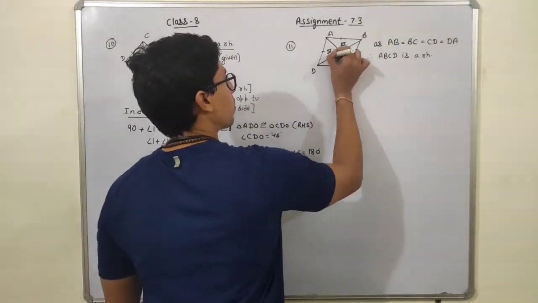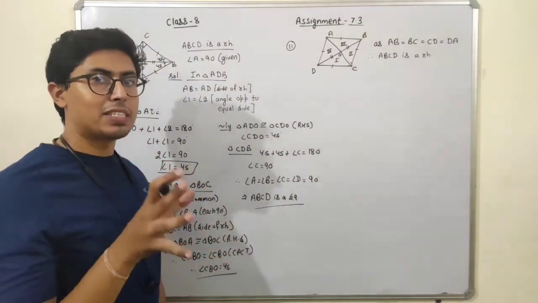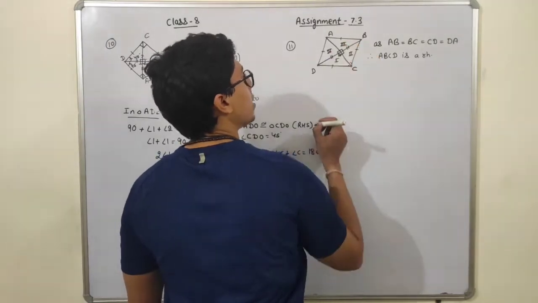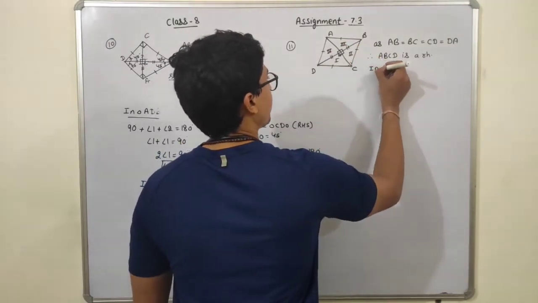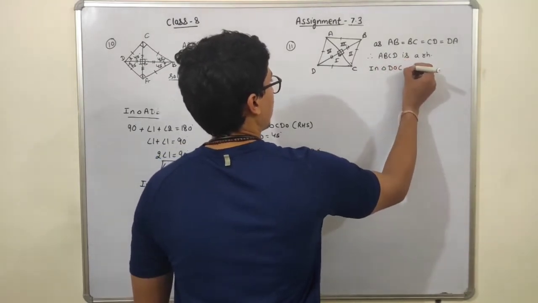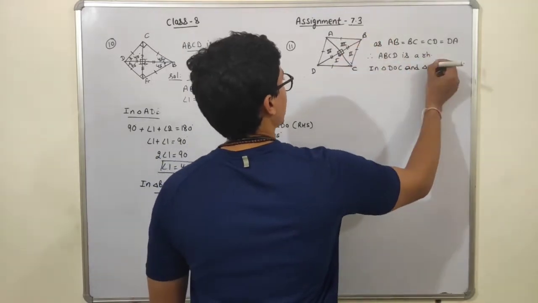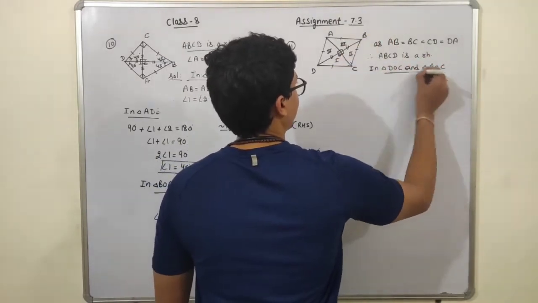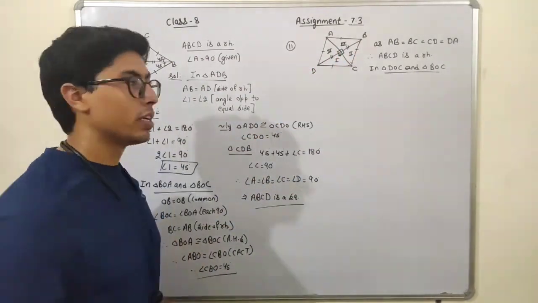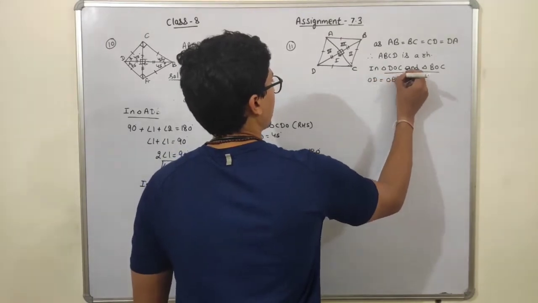See, OD is equal to OB, because the diagonals of a rhombus bisect each other at 90 degrees. And these angles are 90 degrees. In triangle DOC and triangle BOC, if I take these 2 triangles, students, see, OD is equal to OB.